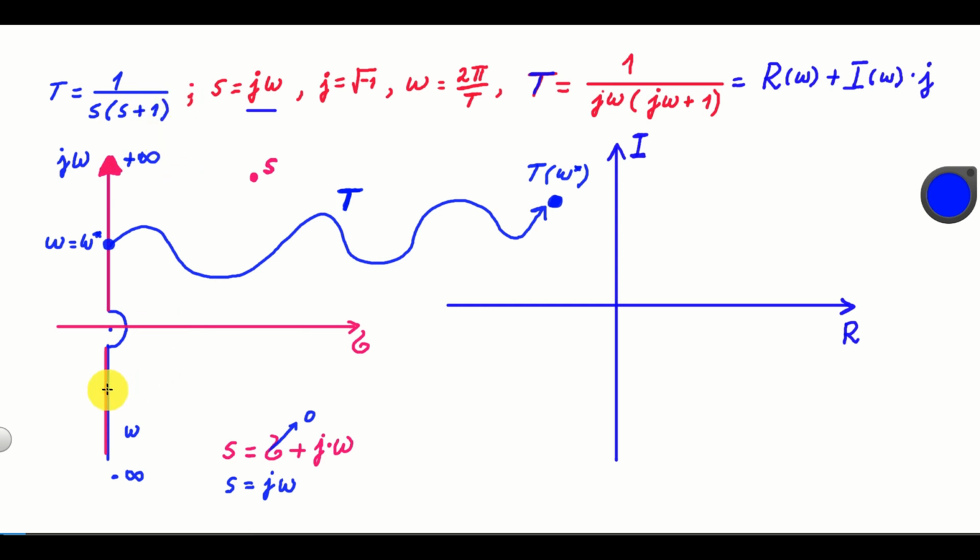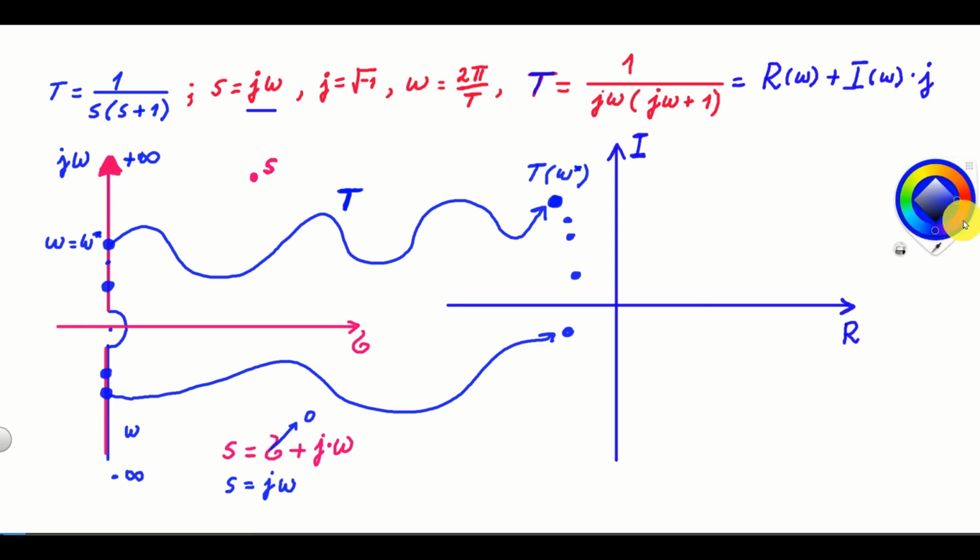And if we take all the points, we can map them to the corresponding points in this plane. For example, this point can be mapped here, this point mapped here, and this point mapped somewhere over here. And as the result, we obtain the Nyquist graph or the Nyquist curve, also called the Nyquist plot in this plane. And this plot can, for example, look like this.